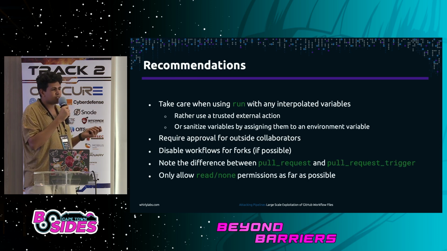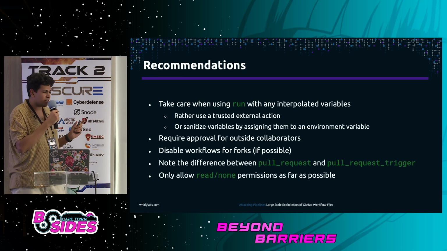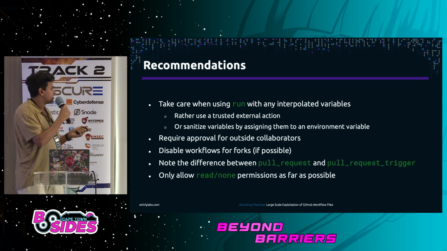but rather because if you use the run keyword and you are interpolating any name that the user can control, then they can essentially inject anything into that unless you use environment variables. And that's the next thing.